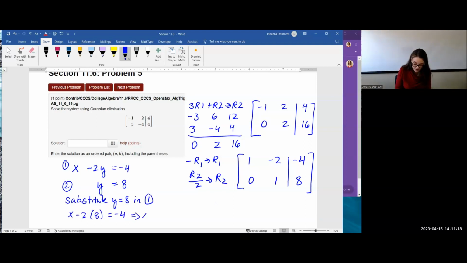So this leads to x minus 16 equals -4. Add 16 to both sides. I'm getting x equals 12. So my solution would be, as an ordered pair, 12, 8. Right? So that would be the solution to the problem.